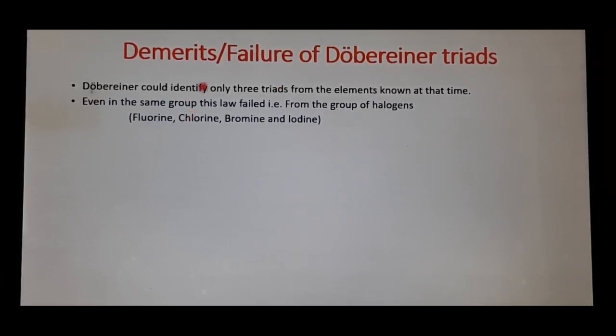At the time when he gave his triads, 56 elements were known, but he could identify only 3 triads from them. 3 triads means he could arrange only 9 elements, but the elements known at that time were 56. So this was the first major drawback or demerit of his triads.